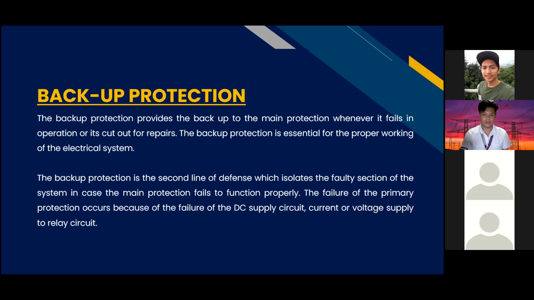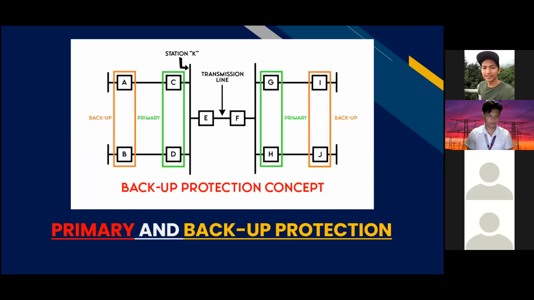The backup protection is mainly used where the main protection of the adjacent circuit is unable to back up the main. Also, the remaining 10% is cleared with the help of backup protection.